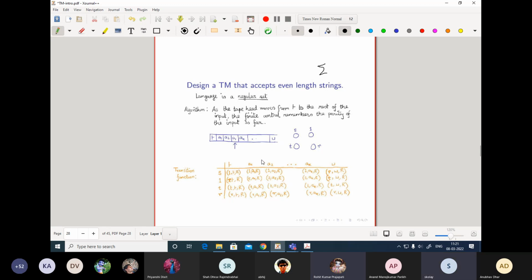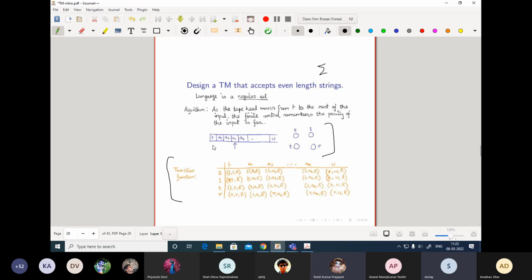The algorithm is quite simple actually. You are basically doing everything in the finite control, and you just have to make sure that you read through the input string. This is a complete transition function for this problem, so I'll just say it in words.